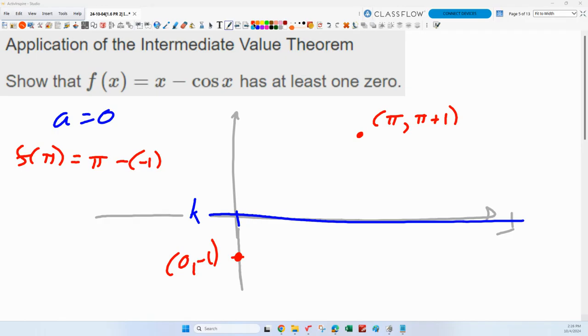And is this function continuous on the closed interval from 0 to pi? It is. Okay, it is, but now tell me why.